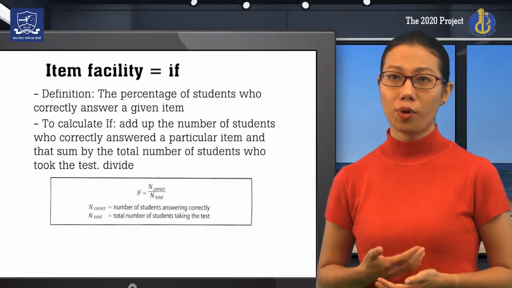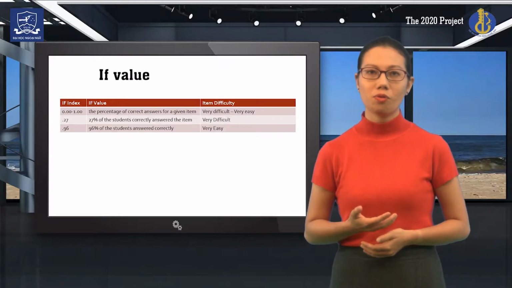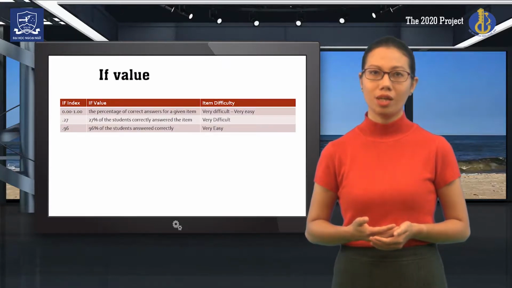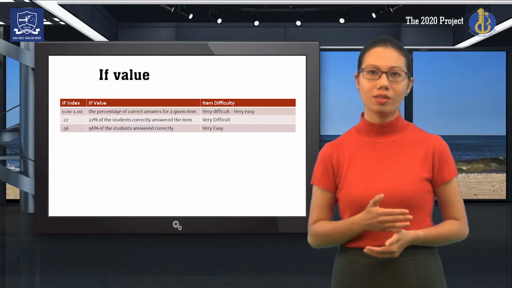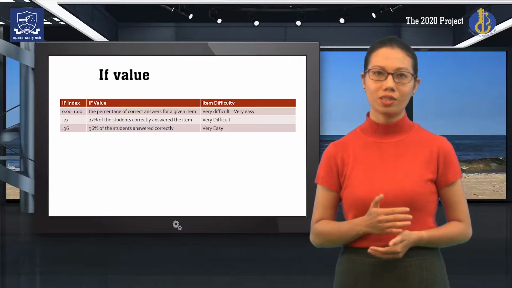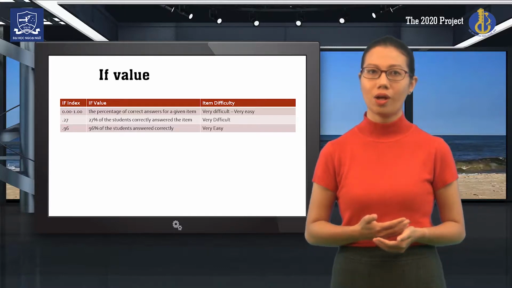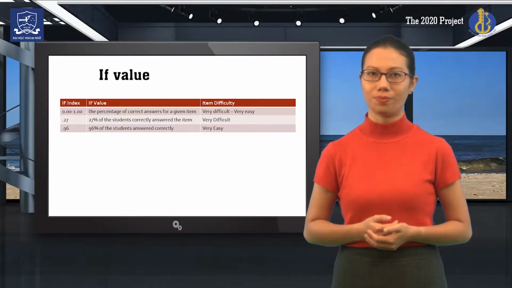You can see the equation on the slide. The result of this formula is an item facility value that can range from 0 to 1. By moving the decimal point 2 places to the right, teachers can interpret this value as the percentage of correct answers for a given item.